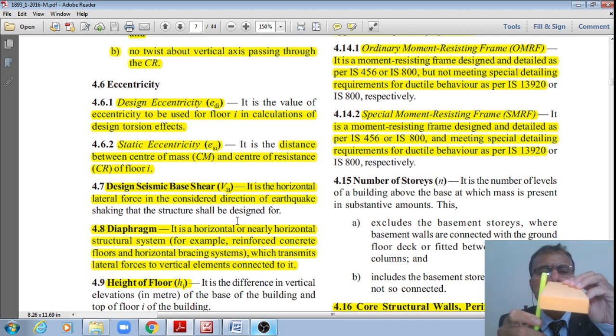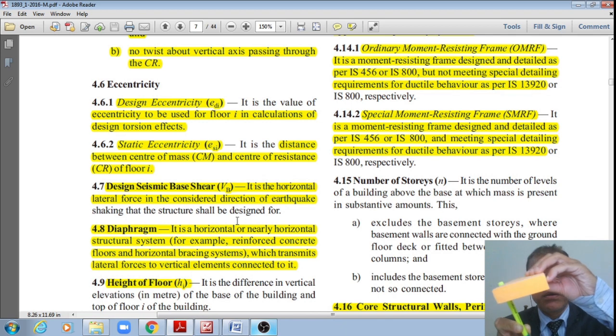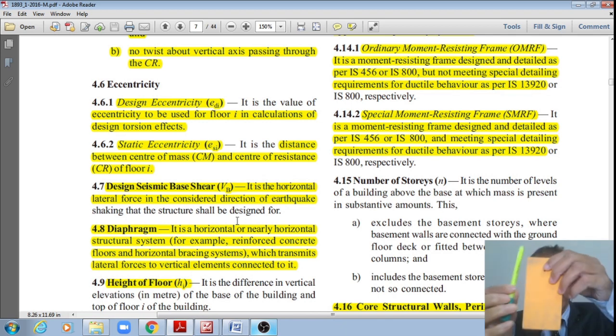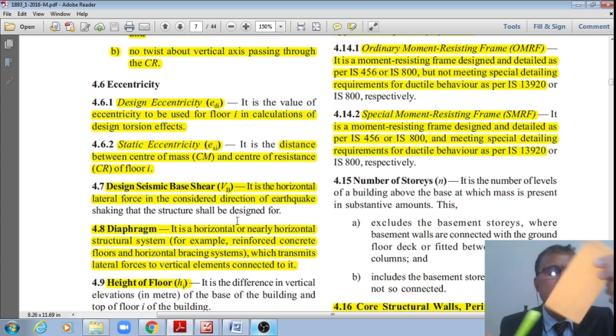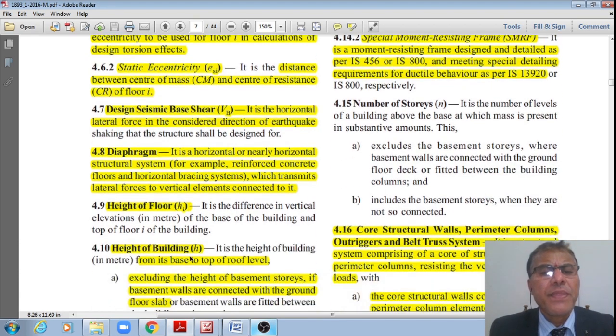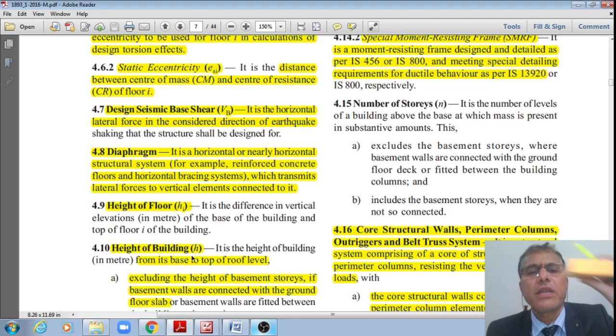That is what is called the diaphragm: the floor connected to the beam connected to the column, or the vertical structural wall connected to the column. These are what are called diaphragms, horizontal or vertical as appropriate. Generally, diaphragms are horizontal.